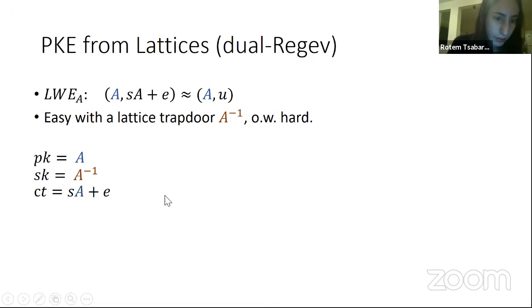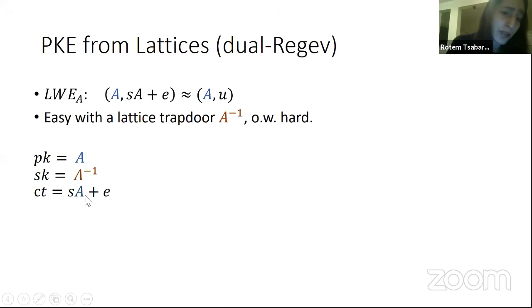I omitted the message itself from the description here, but once this value looks pseudo-random, we can use it to encrypt the message. Given the trapdoor, it should be easy to distinguish the ciphertext from uniform, and therefore learn the message. But without the trapdoor, it should be hard.